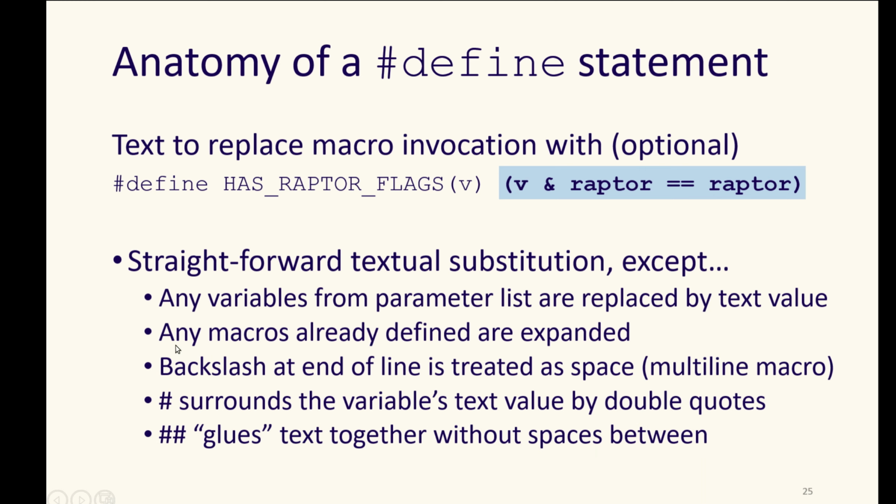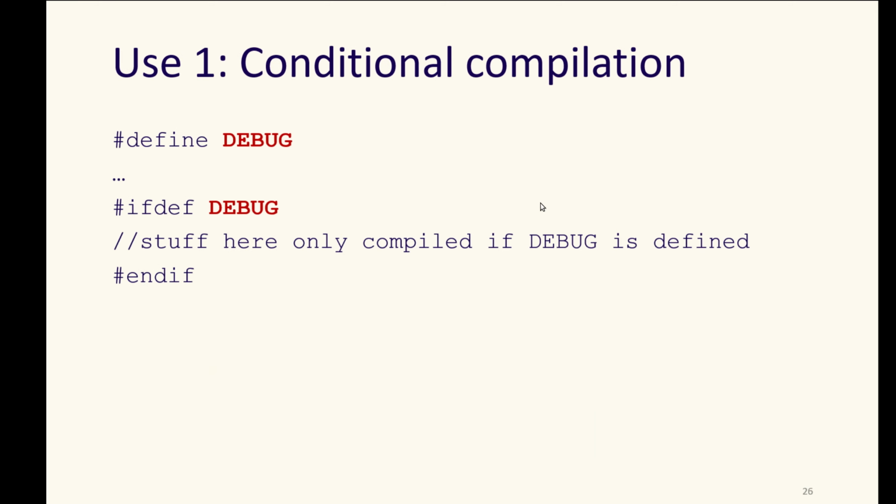And ## will stick together text without any spaces between. This could be done to create a variable name, for example, where you might be saying you want it to be int with some name so that it gives it a descriptive name of what that thing was when the code is compiled.